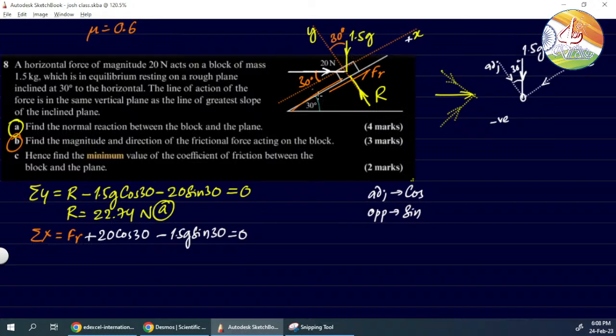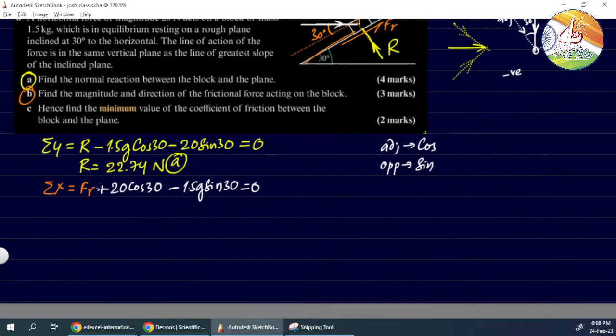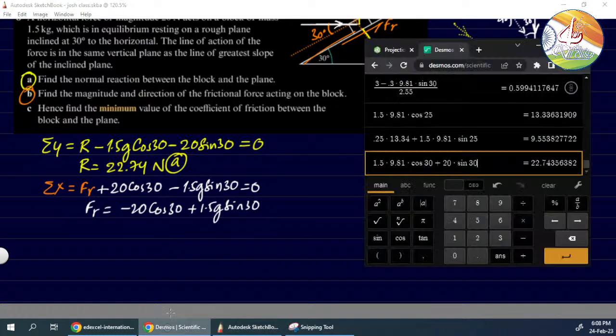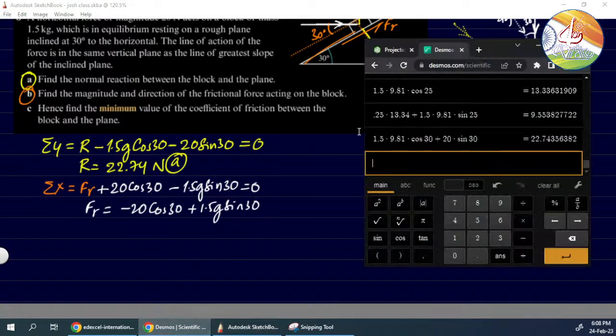Then have you taken all the forces? Yes. So here Fr is the only unknown. Find it. So Fr equals, these both will become negative: minus 20 cos 30 plus 1.5g sine 30. So let's go ahead and find it. Minus 20 cos 30 plus 1.5 into 9.81 into sine 30.